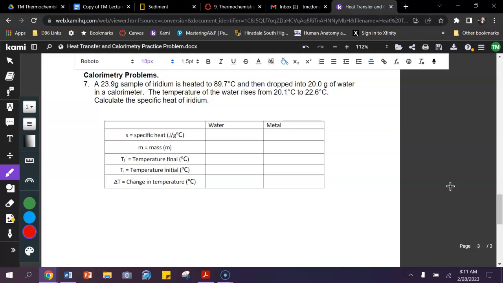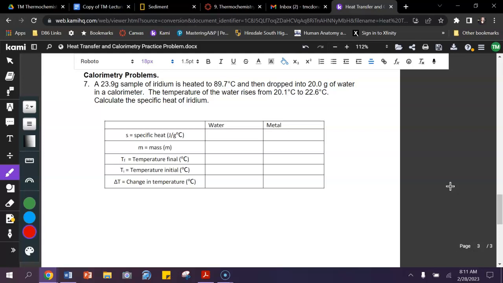And you're going to measure the amount of energy it takes for the temperature of the metal to equal the temperature of the water. And that's the Q for water. Then we're going to use that in order to figure out what the specific heat of the metal is. So like I said at the very beginning, if you know the specific heat of the metal, you can determine the identity of the unknown metal.